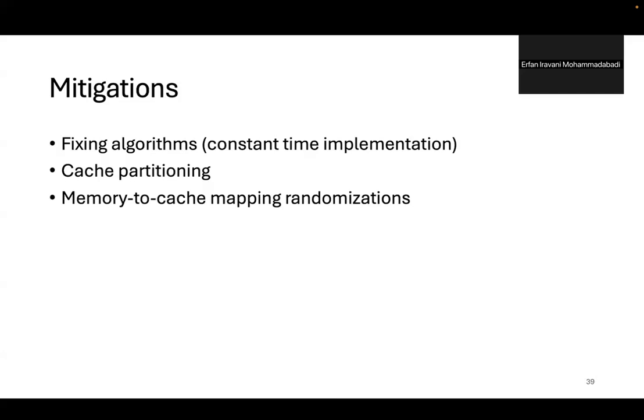Then the other mitigation is cache partitioning, where we ensure that different processes or security domains do not share the same cache resources, which again has its own challenges. And the final mitigation they suggested was to make cache attacks less predictable by randomizing how memory is mapped to cache sets, which again comes with its own challenges.